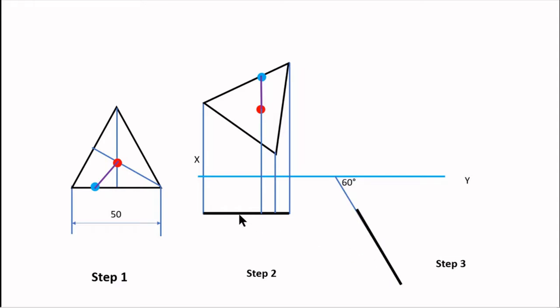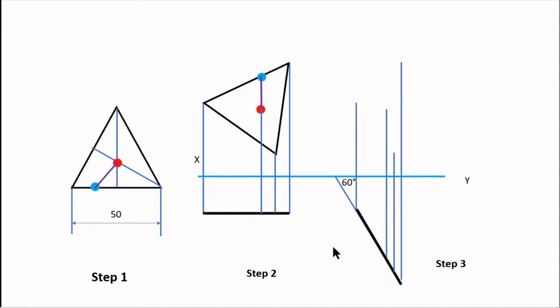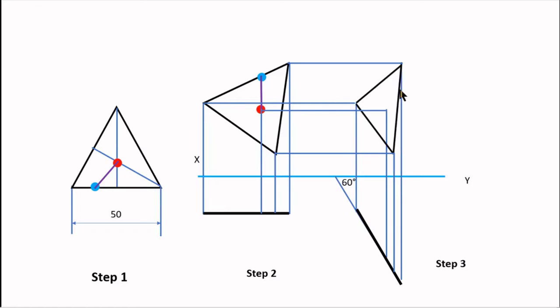So this top view we have inclined at 60 degrees, and then we find the projectors into the front view, and using locus we find the intersection of the respective points and we complete the triangle. So this is the required triangle position. We also find the centroid and the point of suspension through projector and locus intersection. So this is the final solution that we require.